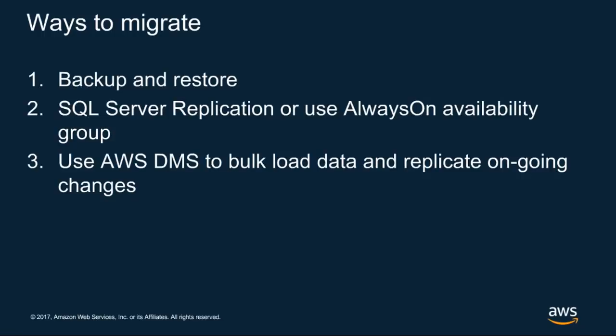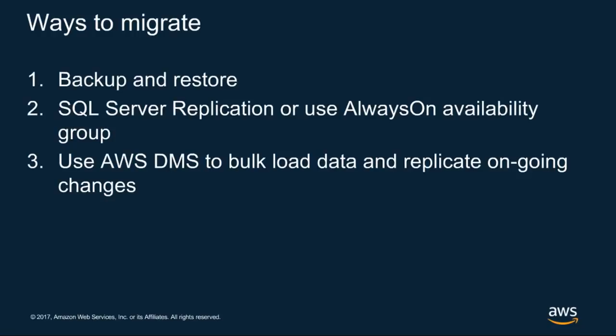And the third option is to use AWS's own service called the Database Migration Service, which not only helps you bulk load data, which is called the full load phase, where it's going to create a copy of your source database system in a preferred target, but it is also going to read through those changes from the transaction log in SQL Server, and it's going to apply them on the target, thus keeping the target in complete sync with the source.